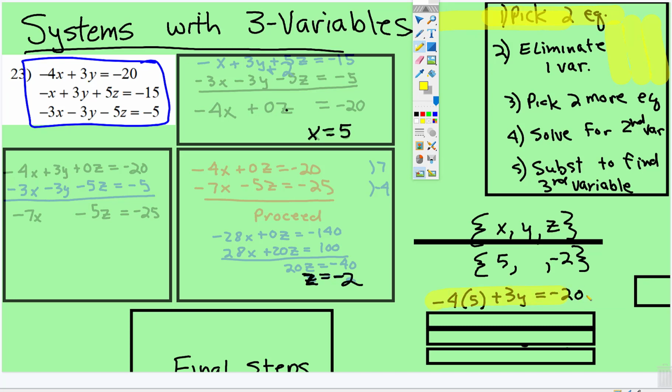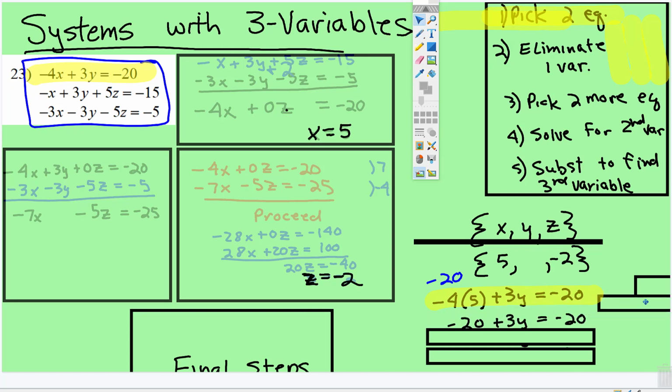Notice this and this are the same, except I substituted 5 for the x. And then negative 4 times 5 is negative 20. And those sides are the same. They're going to cancel. If you recognize that they're going to cancel, you can just cancel.